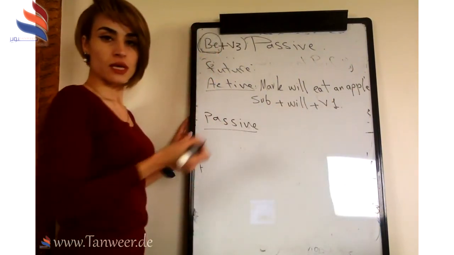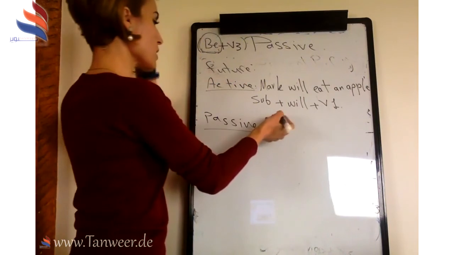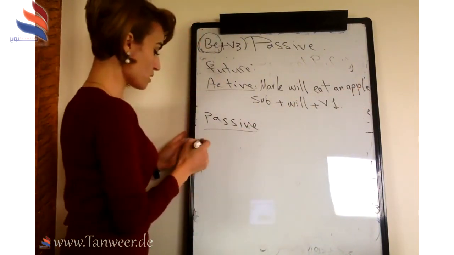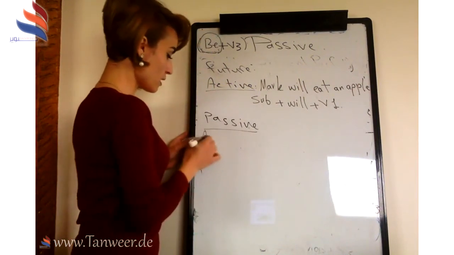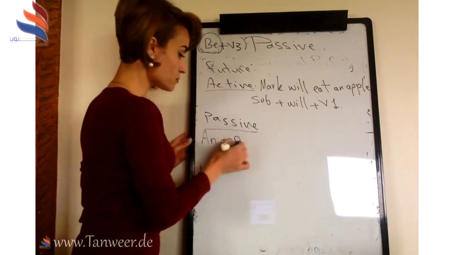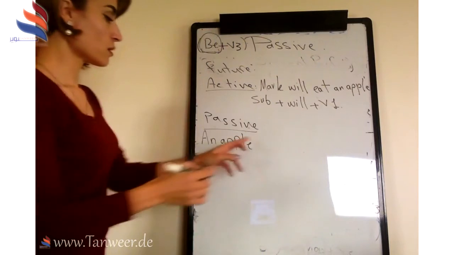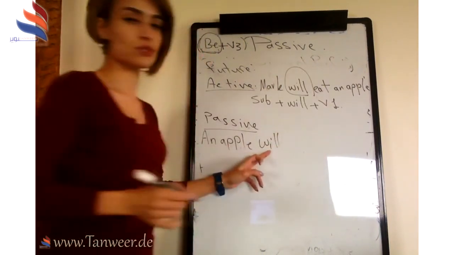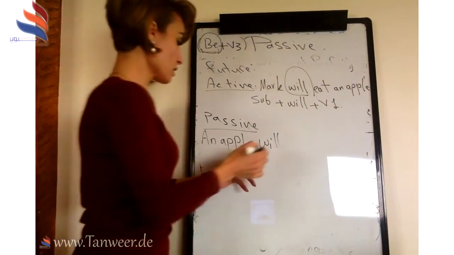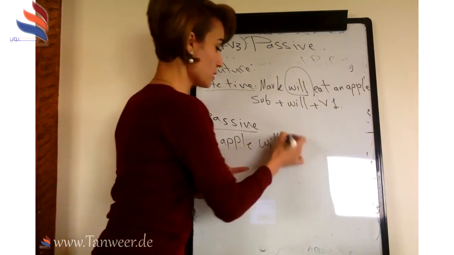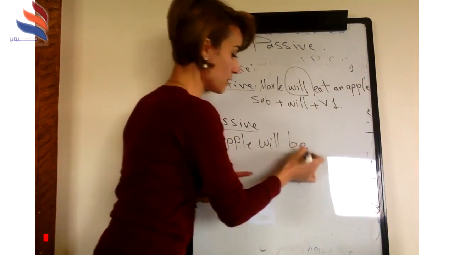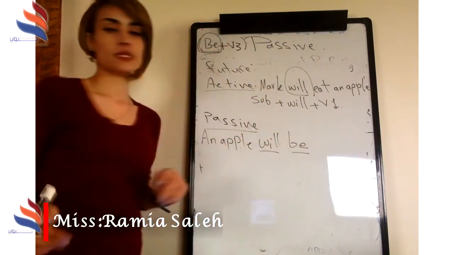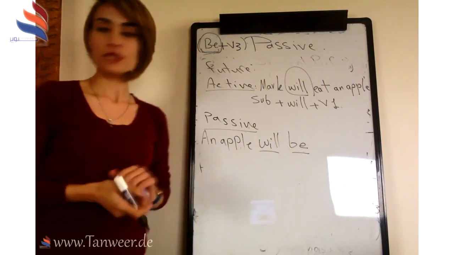Okay? Now we are going to talk about, again, the object to be put in the beginning. An apple will, because to know if it's a future. An apple will be, because be after will keeps its infinitive form.